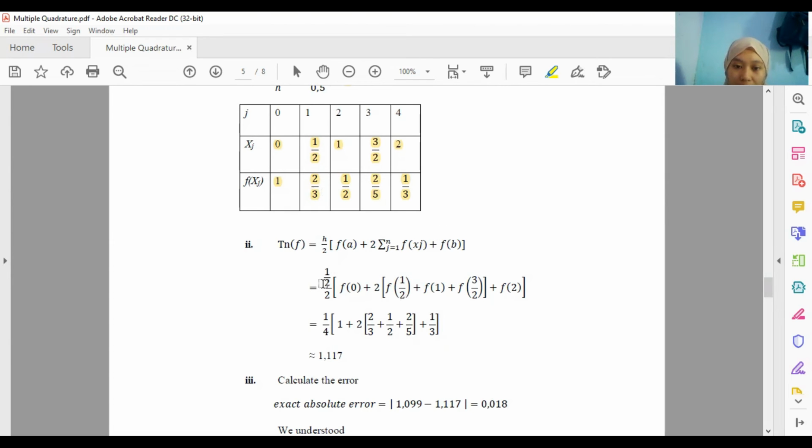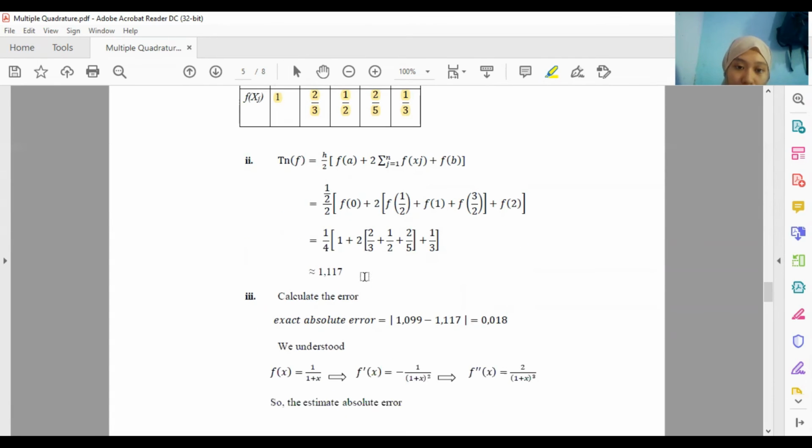So we get like this: a half over 2 times f0 plus 2 times (f a half plus f1 plus f3 over 2 and plus f2). So we get T_n f is equal to 1.117.